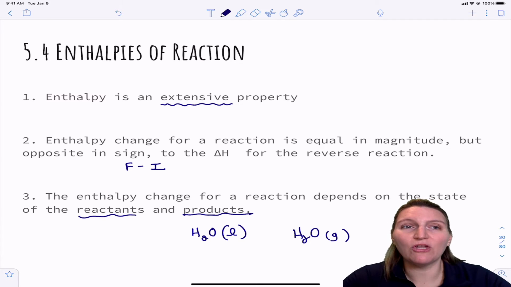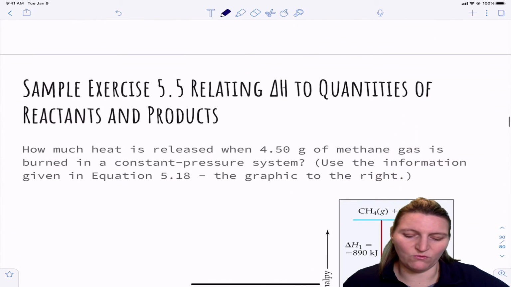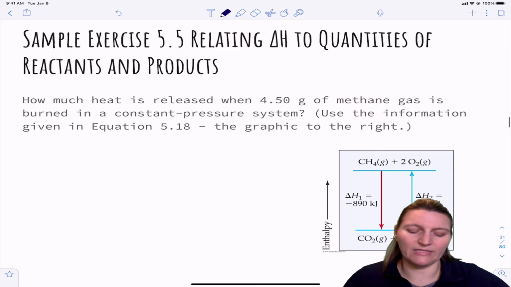In this case, when we're talking about the energy of the components of a reaction, it is going to make a difference because gaseous water is going to have a different amount of energy than liquid water. And that's going to factor into our delta H. So that'll become important in a few more sections.